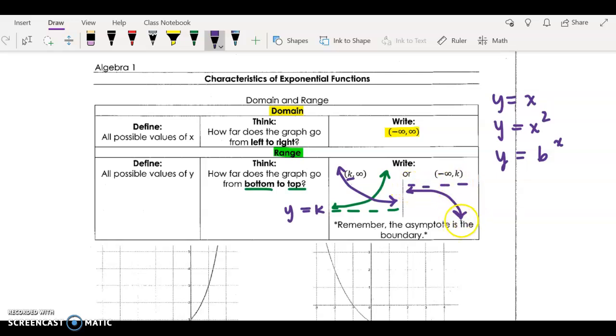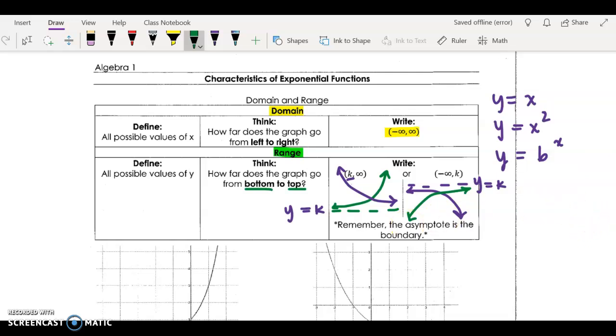Then the bottom of the graph points down to negative infinity, and the top is that y equals k asymptote. So our range will start at negative infinity and go up to the number for the asymptote. The same could be true if we were graphing an exponential reflection that would look like this.